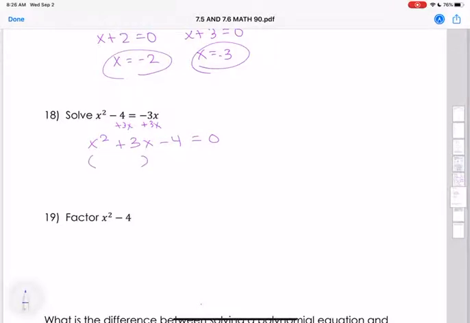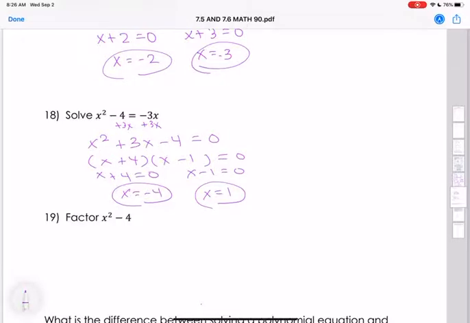Leading coefficient is 1, so I can jump to the shortcut. 2 numbers that multiply to negative 4 and add to a positive 3. I get positive 4 and negative 1. Set each of those equal to 0 and solve. So I get x equals negative 4 and x equals 1.